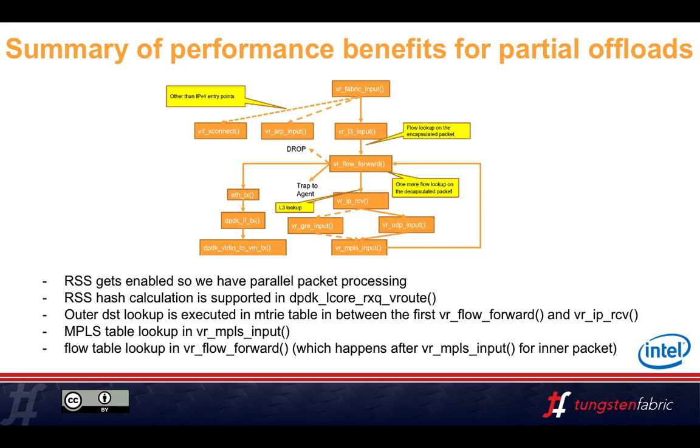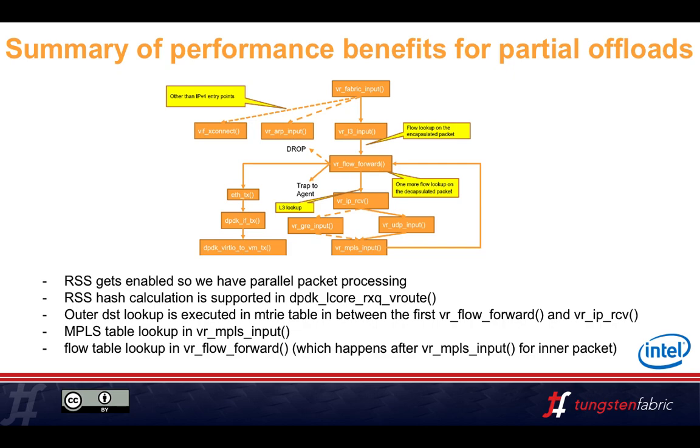The MPLS table lookup in VR MPLS input is also included and part of the metadata that comes. And the flow table lookup is also the third function that we can skip and get the metadata straight from the network interface.